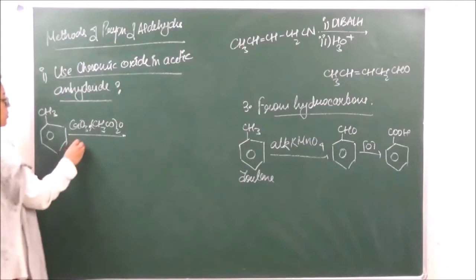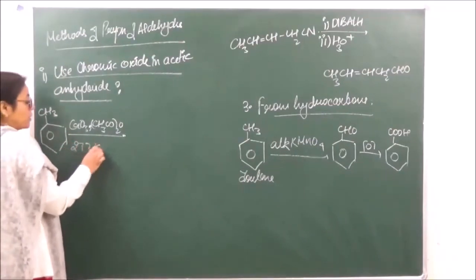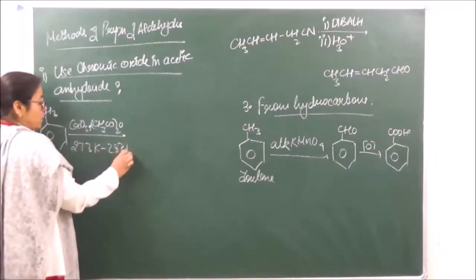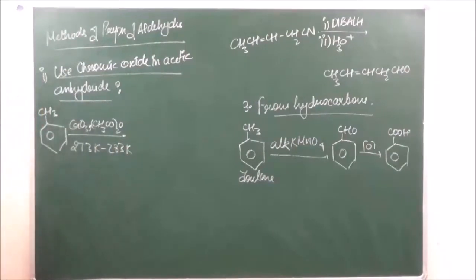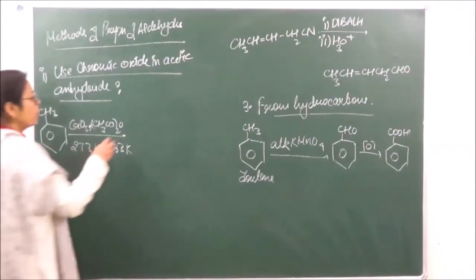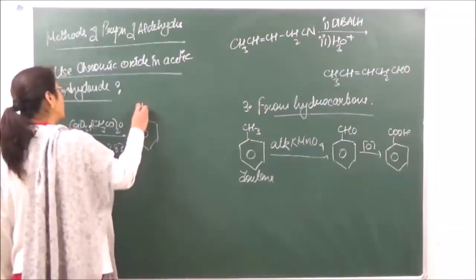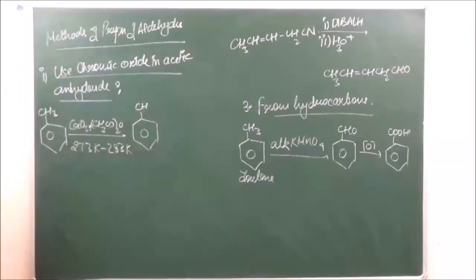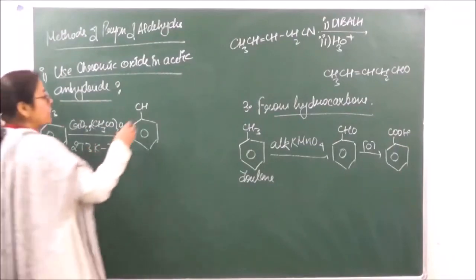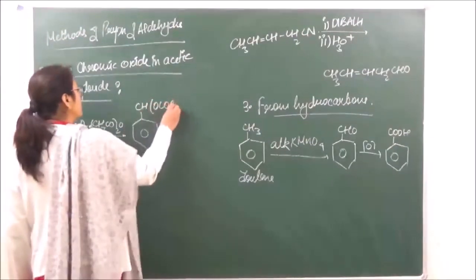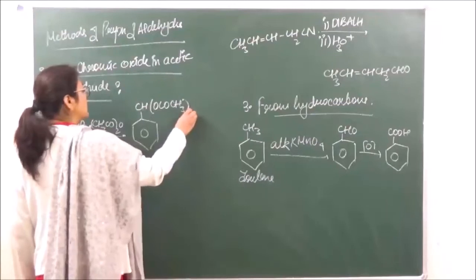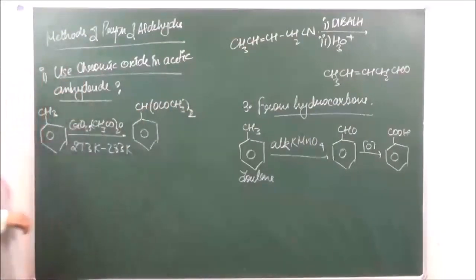The temperature maintained is approximately 273 to 283 Kelvin, and this gives an intermediate in which two of the hydrogens are substituted by the acetyl group.